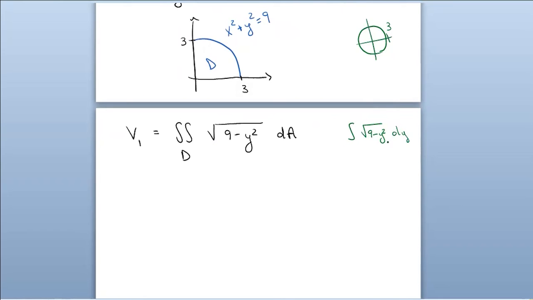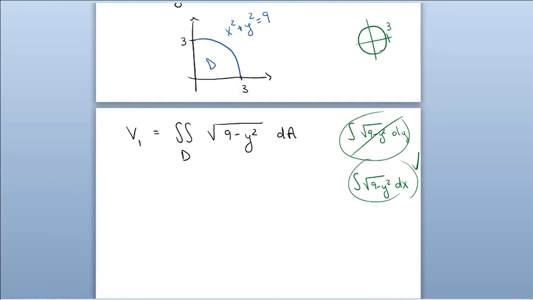This can be done. It just won't be very fun because we'd have to use a trig substitution. So I'm not crazy about that. I would rather integrate with respect to x, because then this is just a constant and I just get to tack on an x. And so this one I like better.